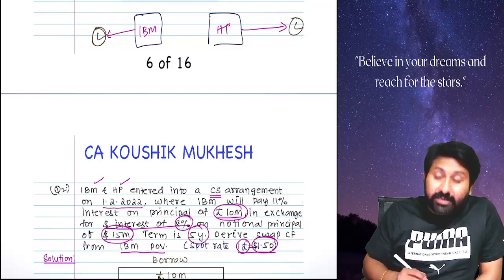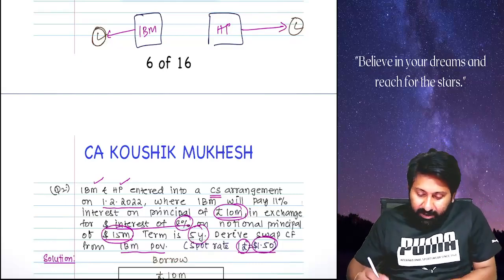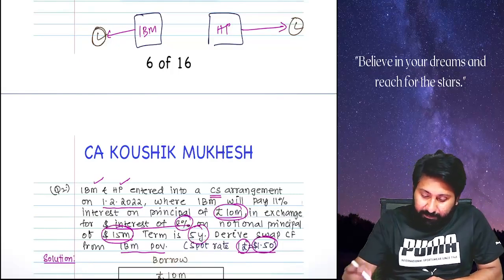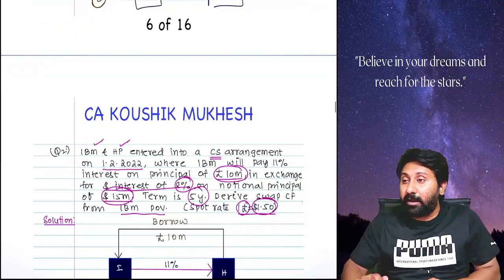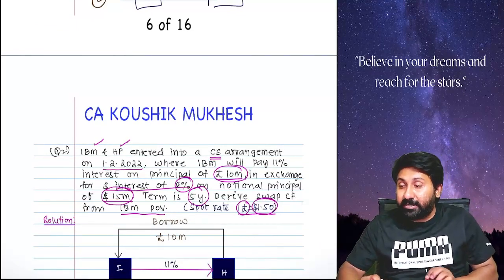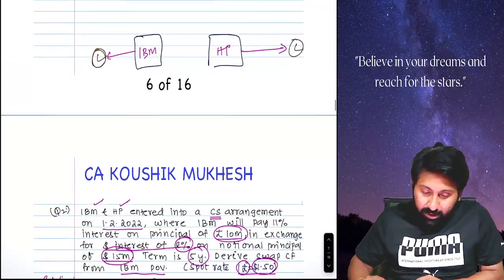IBM has to pay. See here, IBM will pay 11% interest on principal, at the rate of 11%, in pounds 10 million.